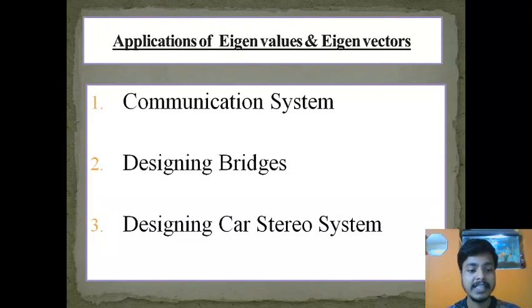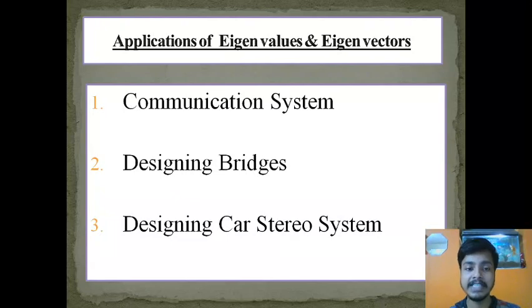It is so fascinating to see that there is an application of eigenvalues and eigenvectors in designing the car stereo system. Eigenvalue analysis is used in the design of the car stereo system, where it helps to reduce the vibration of the car due to music.